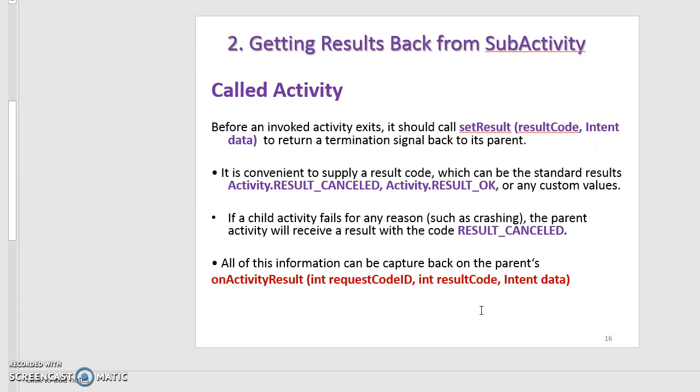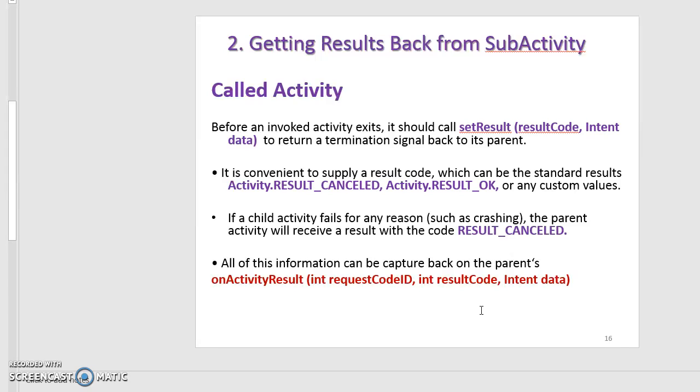Let me go ahead and see what happens once we get into the child activity. In the child activity, we need to set the result. We need to put whatever data we want to send back to the main activity. For that, we call the method setResult. It takes a result code and an intent. The intent is the messenger that will carry our data.